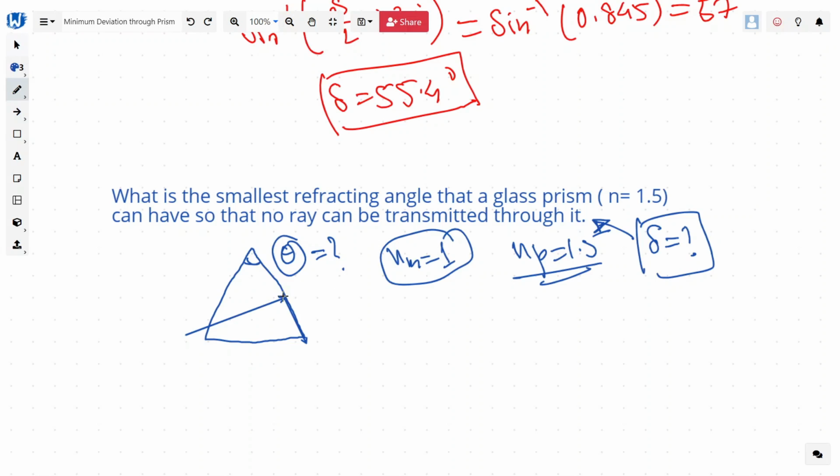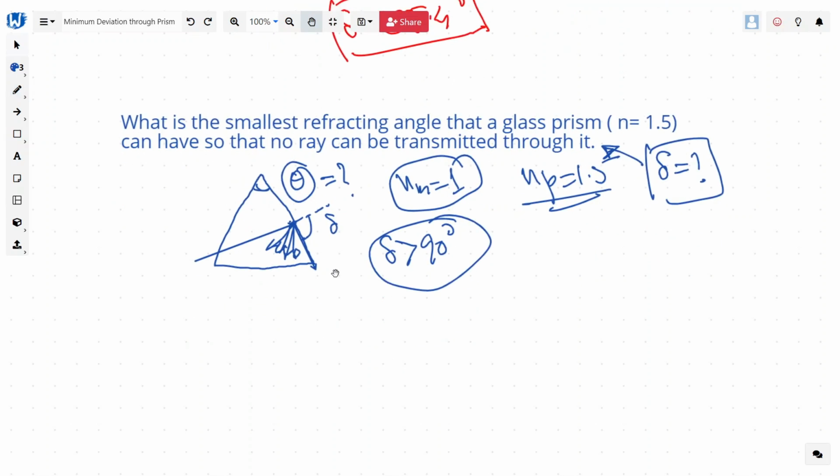So if this change in delta is greater than 90 degrees, basically no ray of light will pass through the prism, but it will get reflected at all other angles, right? So no ray of light is getting transmitted.